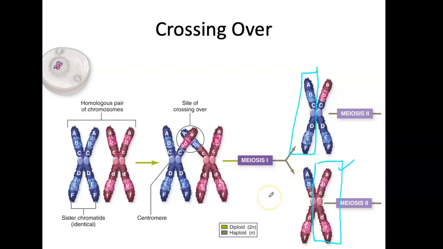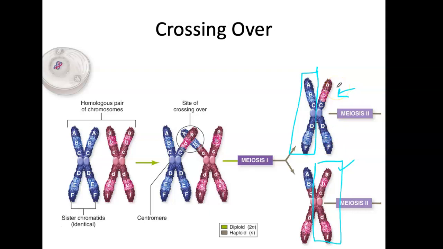So crossing over increases the variability because then you inherit one of those chromosomes that's not exactly alike your dad and not exactly alike your mom. Let's say it's chromosome number 8, and you inherited this piece here. On chromosome number 8, you inherited a piece of dad, a piece of mom.